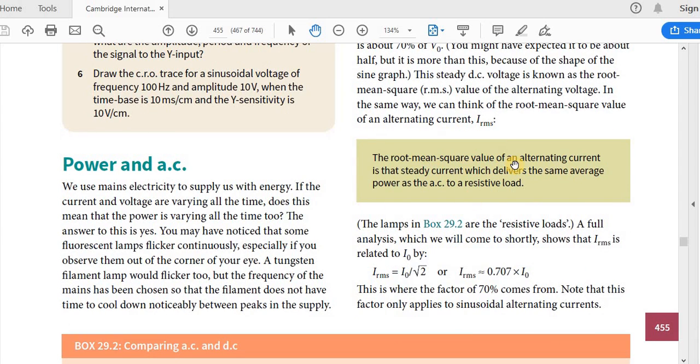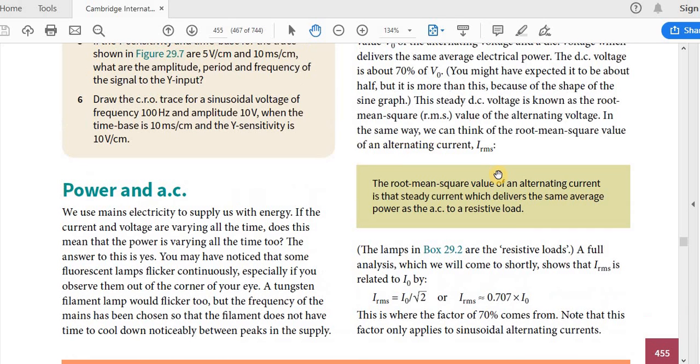The root mean square value of an alternating current is that steady current which delivers the same average power as the AC to a resistive load. So you are comparing the steady current with the AC. So it is the steady current which delivers the same average power as the AC to a resistive load.